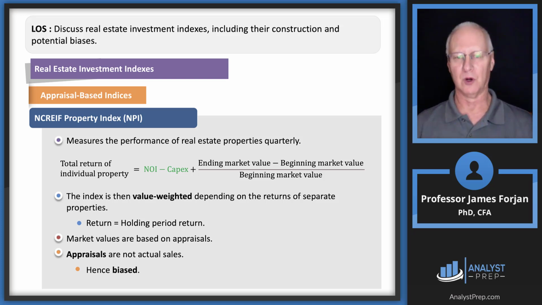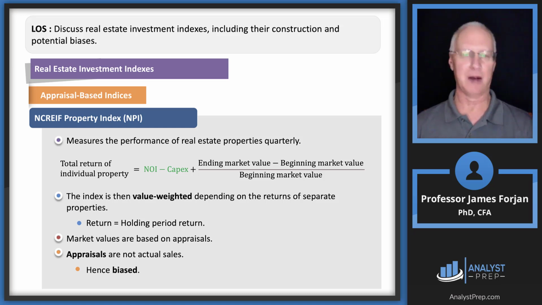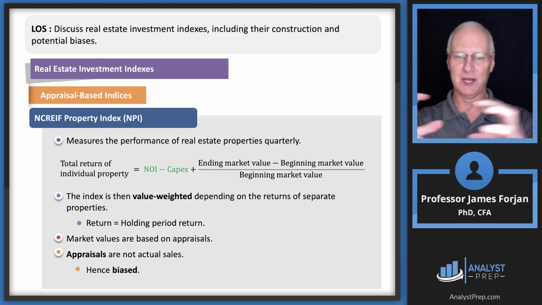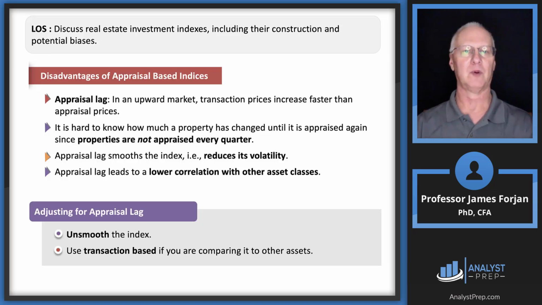So make sure that those appraisals have their roots in everything that Modigliani and Miller taught us back in 1958. And then look at our last bullet point down there, right? Appraisals are not actual sales, of course, and they can be biased. So what we need to do is we need to get our vice and we need to try to squeeze that bias down to as close to zero as possible.